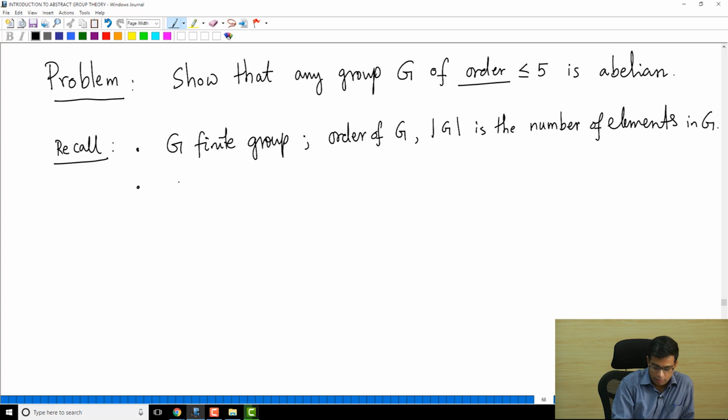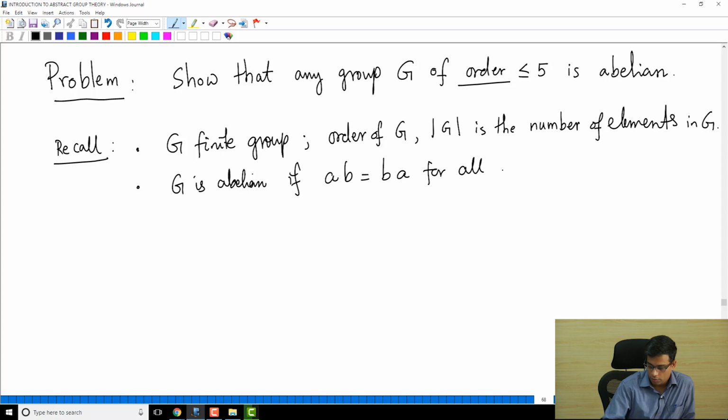And what is abelian? G is abelian if AB equals BA for all A, B in G. So, we say that A and B commute.